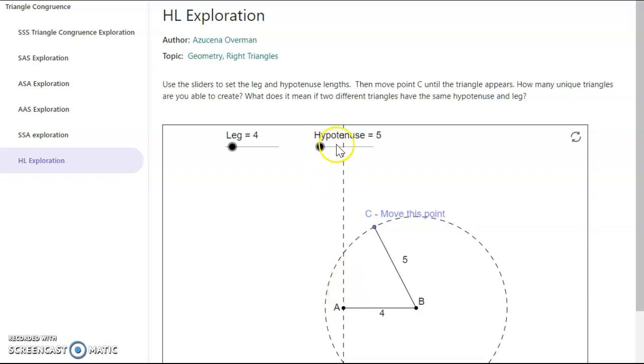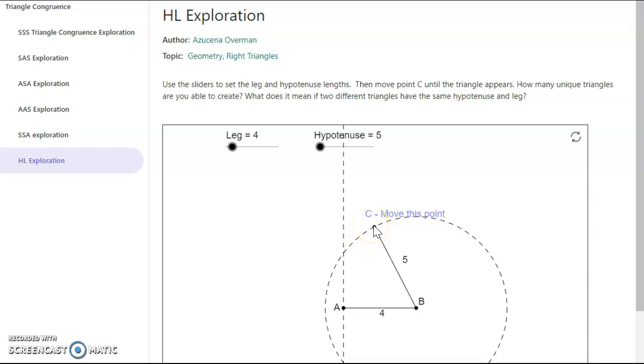So hypotenuse is always the side opposite the right angle. So in this case, we're told that because of this line, we know that angle A is the right angle. And we're given the leg to be 4 and hypotenuse is 5.